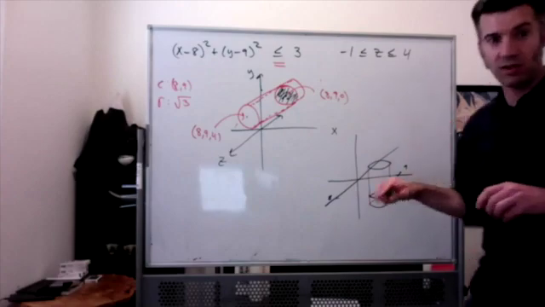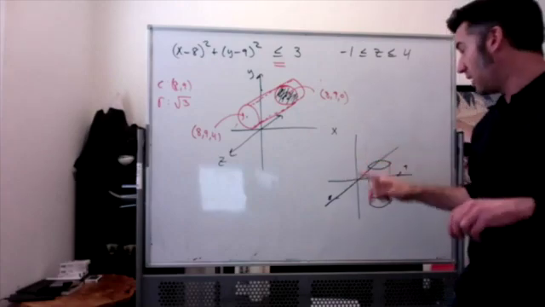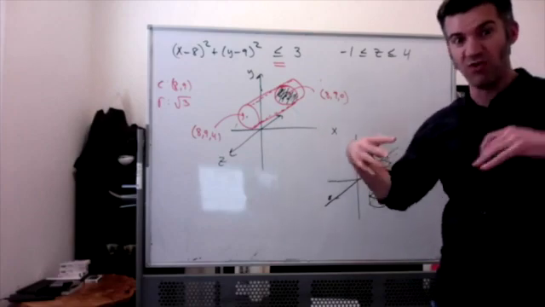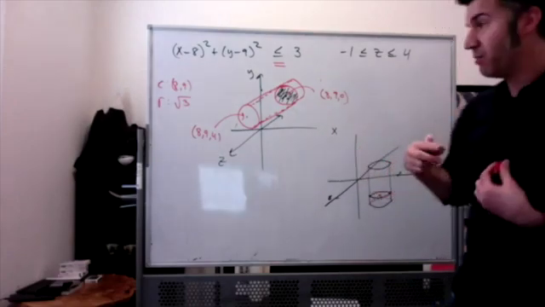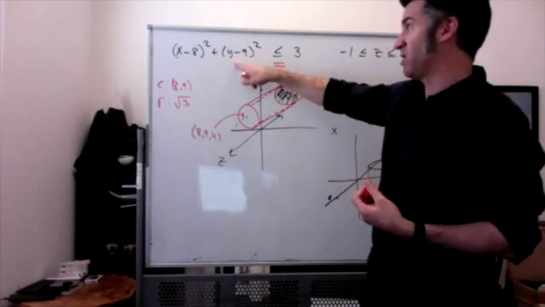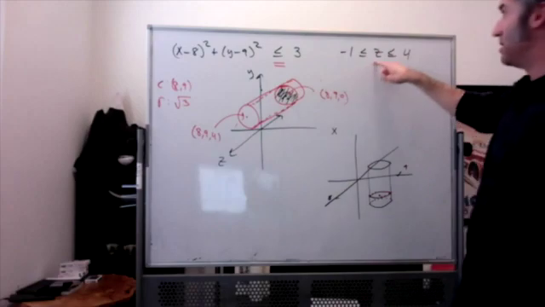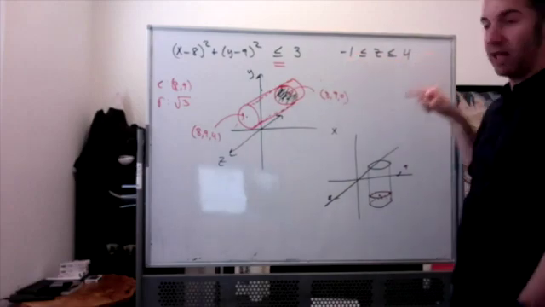And so I want to be really, really clear here. It's not just the boundary. It's actually all of the volume inside of the cylinder, because it is (x minus 8) squared plus (y minus 9) squared less than or equal to 3, meaning you get everything in the circle, and z between -1 and 4.